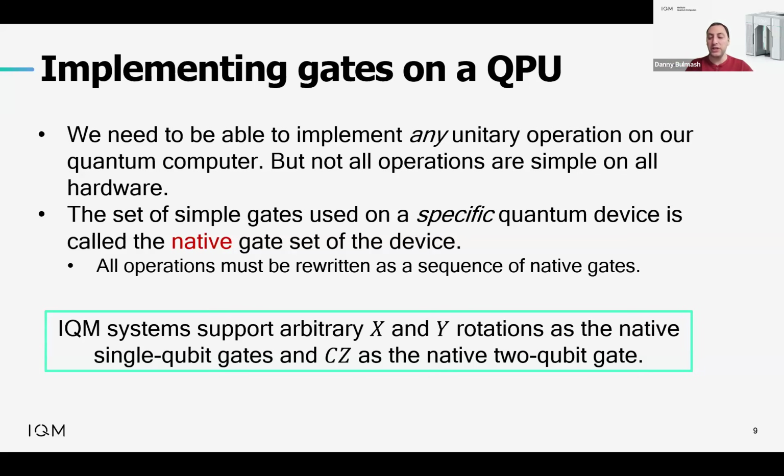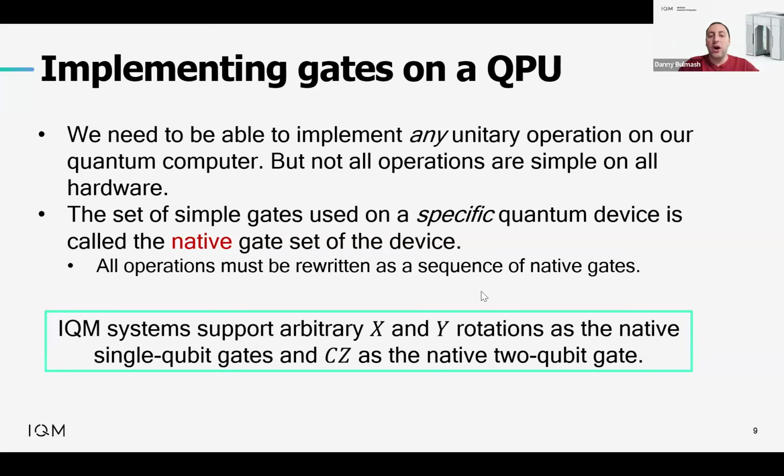So the software controlling the QPU says, I know how to do only a very small number of gates, but the user wants to do an X gate, an H gate, a Z gate, an S gate, a T gate, a CNOT gate, a CZ gate, a Toffoli gate, all these different gates that we might want to use in our program. So we need to be able to rewrite any operation that we want to work with as a sequence of native gates. And we'll see how that works a little bit in just a few minutes.